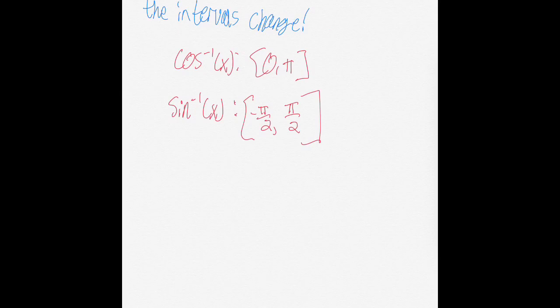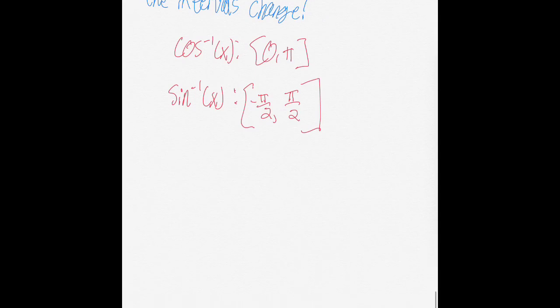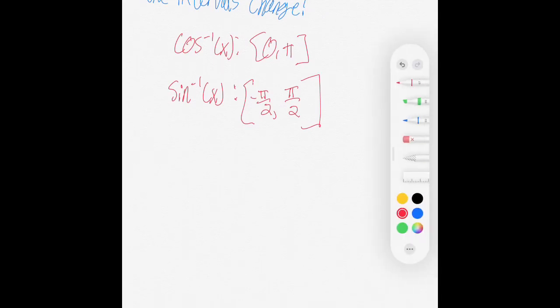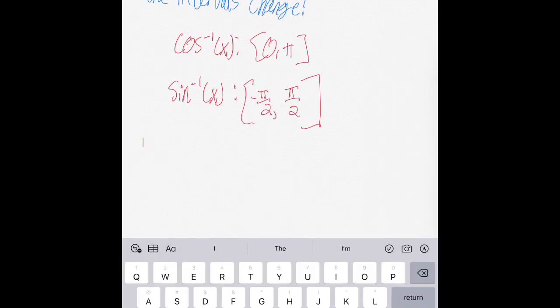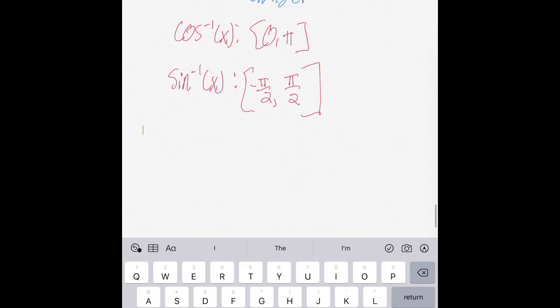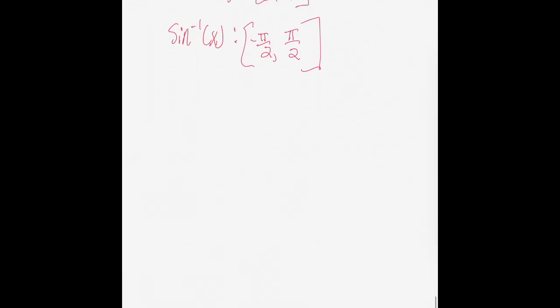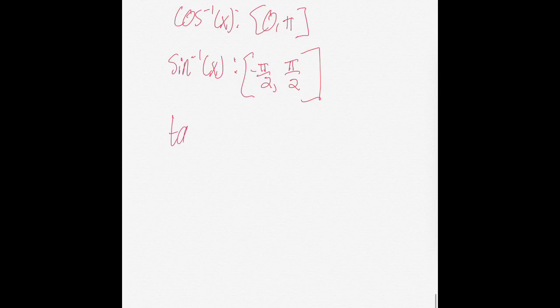The point of us restricting the range like this is that otherwise there are multiple points on the unit circle where, for example, sine of something is equal to 1/2. So we just restrict the domain here so that we have a well-defined function.